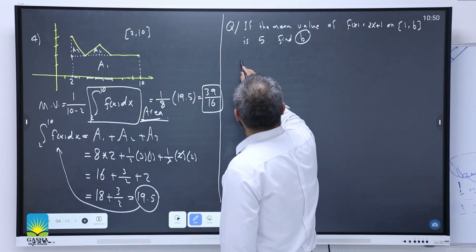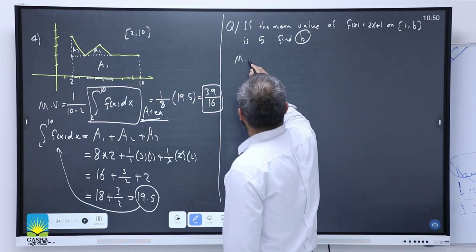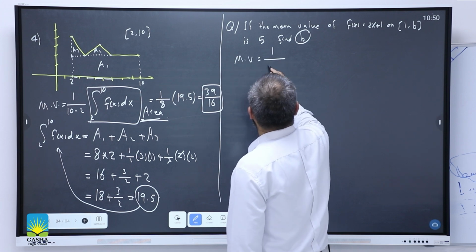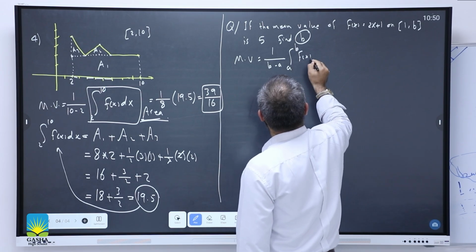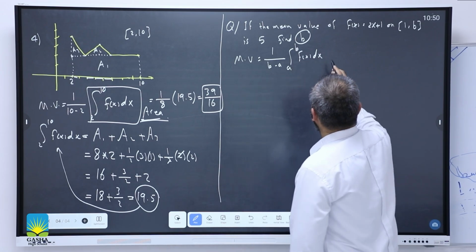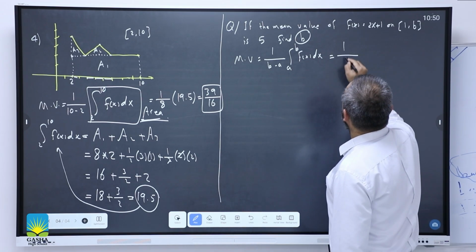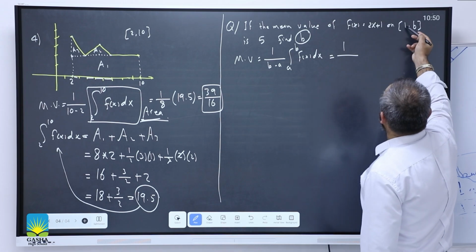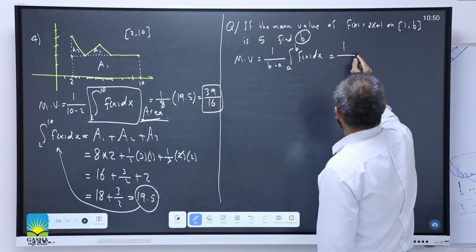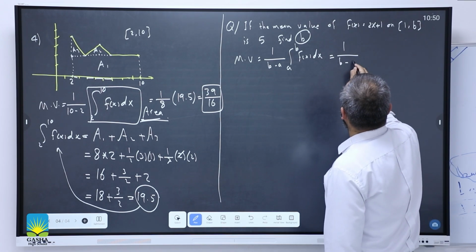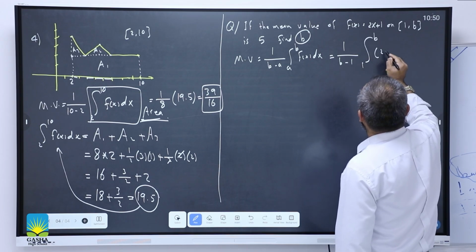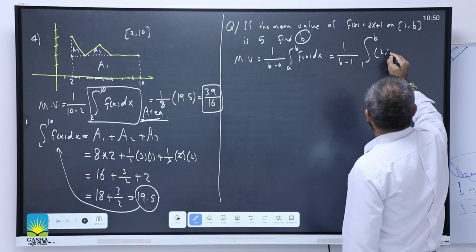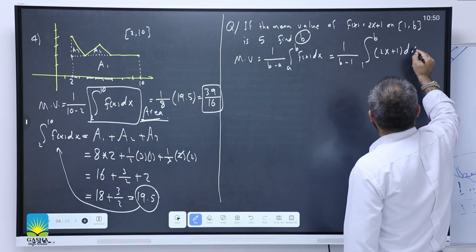I use the formula of mean value. 1 over b minus a, integral from a to b of f of x dx, right? So this is a 1. So 1 over b minus 1, integral from 1 to b of this function, 2x plus 1 dx.